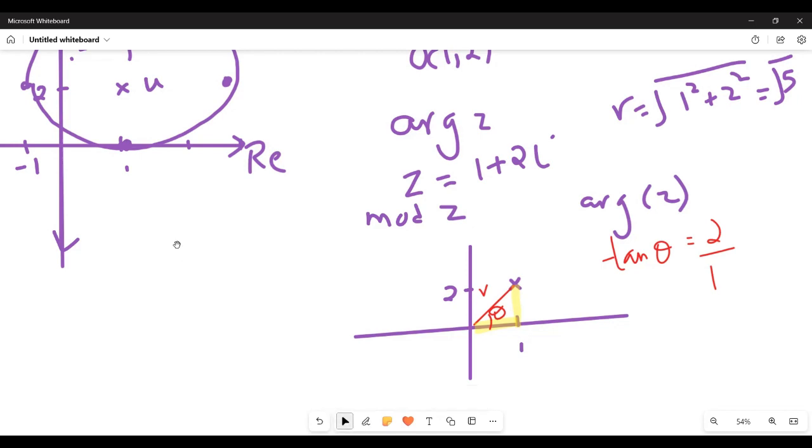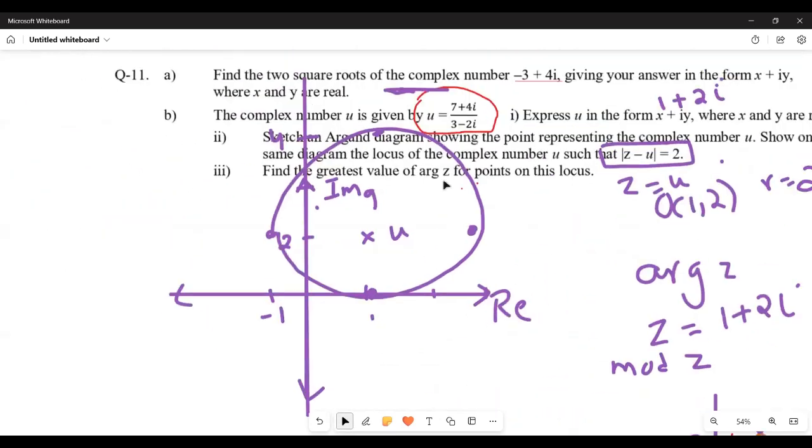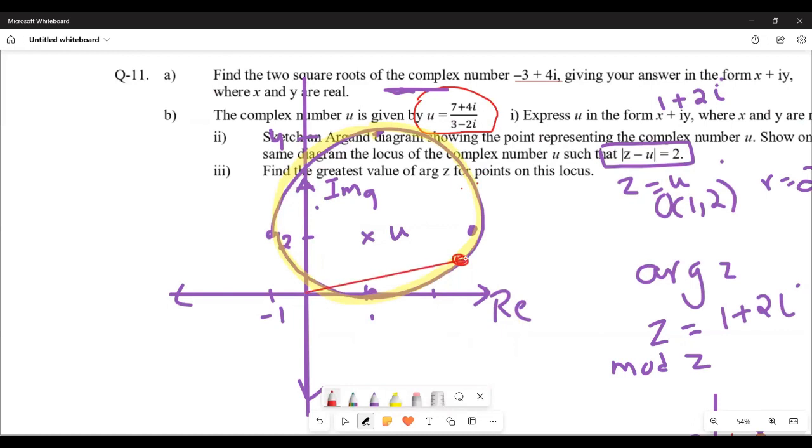Now in this question, it says find the argument of z, not of u. And what is z? z are all these infinite points on the circle. It's saying find the greatest value of argument of z. So let me just choose a z. Let's say this is the z. Is this the biggest angle we can get on the circle, or is there another point that will give us an even bigger angle?